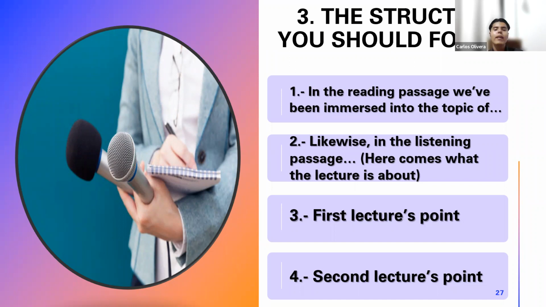But as I said, it is the general pattern that these lectures merely contain 2 particular points and a lot of illustrations for exemplifying those points. So as I say, include the lecture's points, and also please include, as I mentioned, the illustrations that the professors offer for their students to understand the topic, all right?